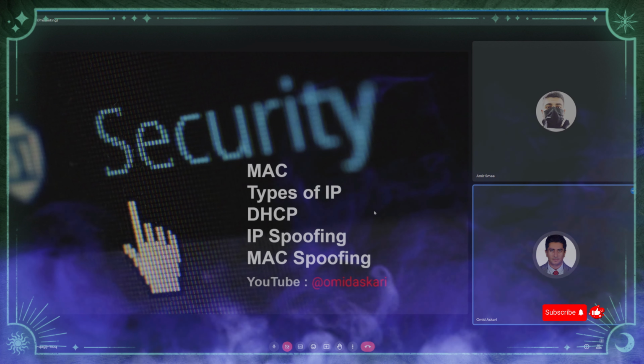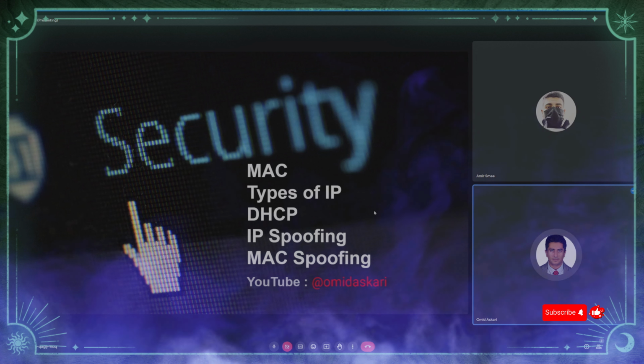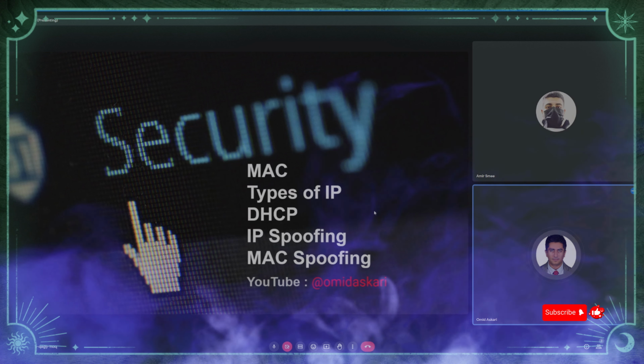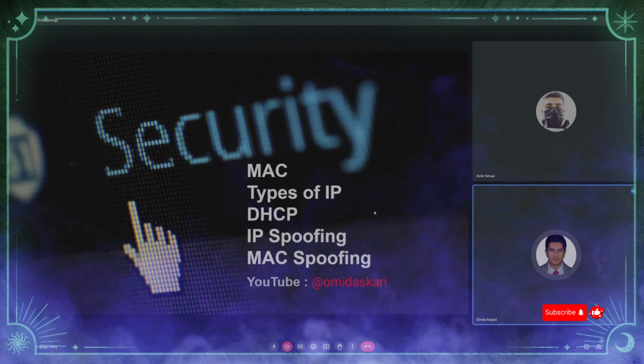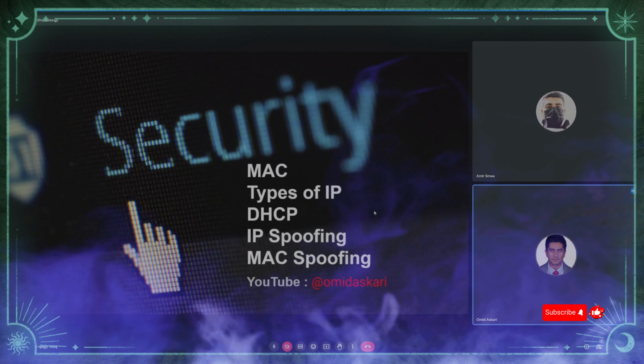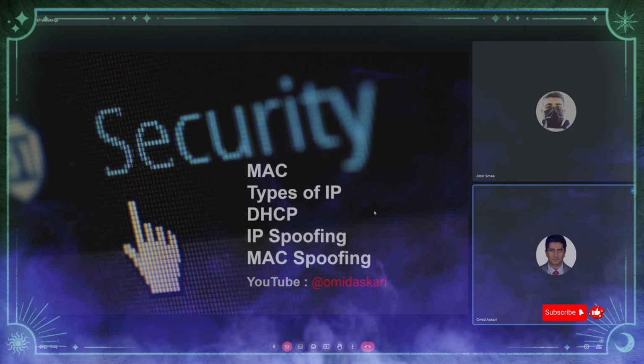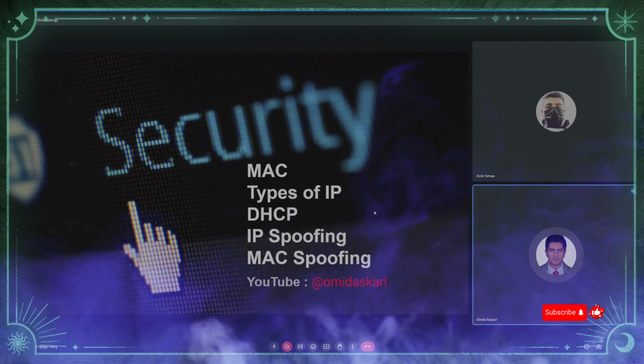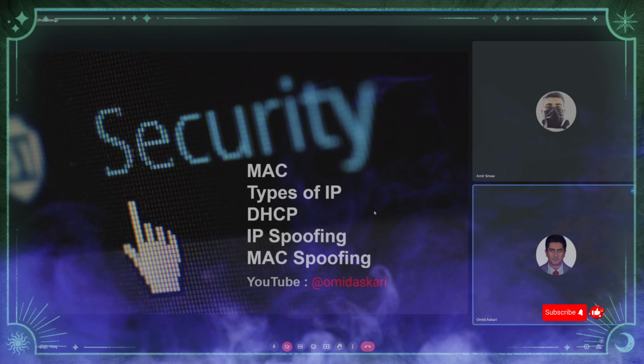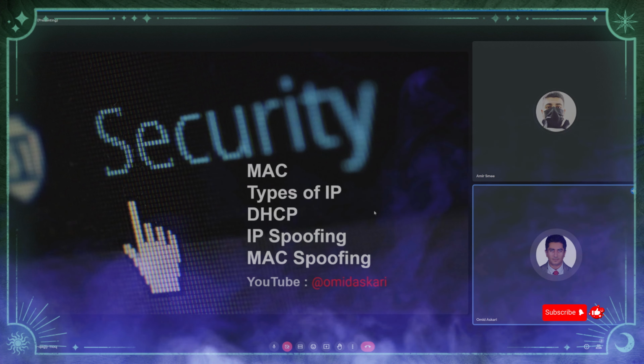IP spoofing, introduced simply, is a technique that allows an attacker to change their IP address to make it appear as if they are someone else. For example, in your firewall device, you allow your public IP address. For example, your public IP address is 1.1.1.1.